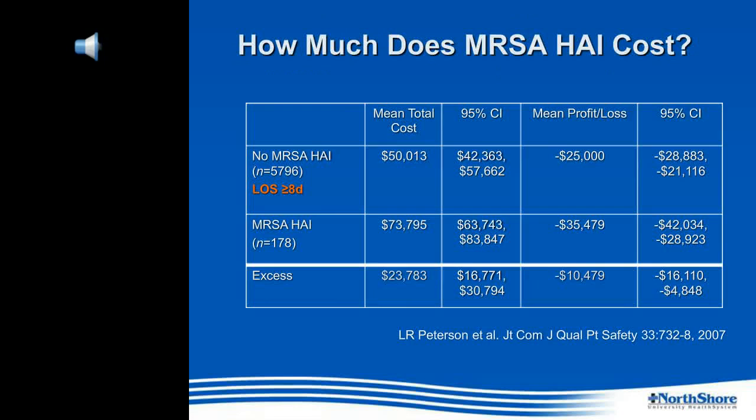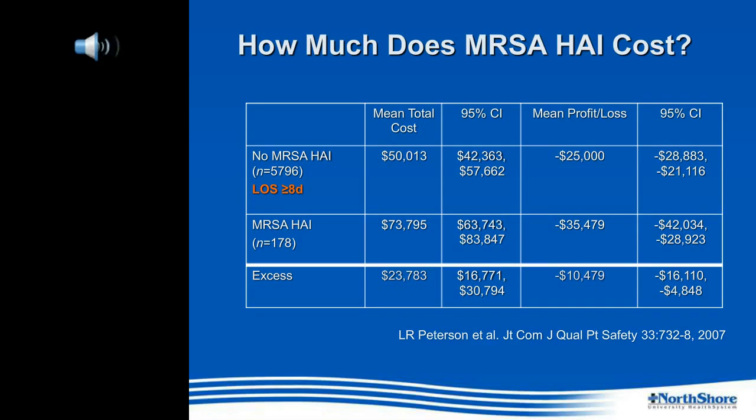But again, putting in your own cost data is helpful. When we first started our program, we looked at a very conservative model to estimate our healthcare costs of MRSA infection. What I mean by that is we looked at who got MRSA healthcare-associated infections in our organization, and it occurred in patients that had a mean length of stay of 8 days or greater.